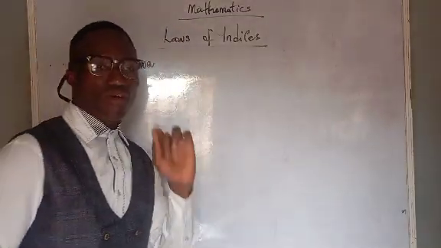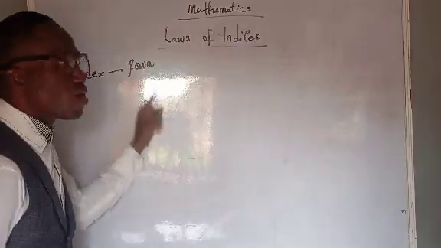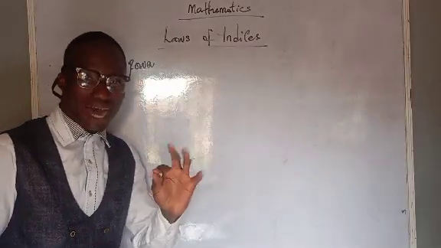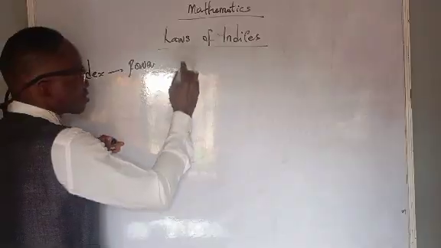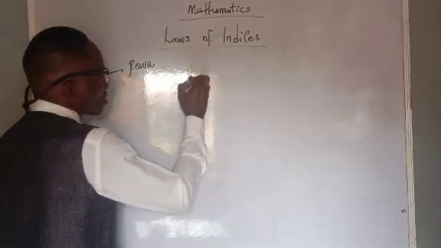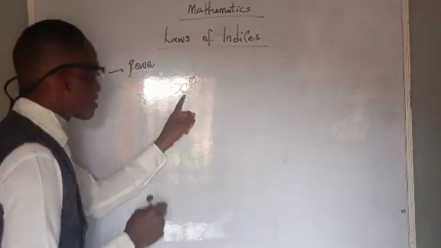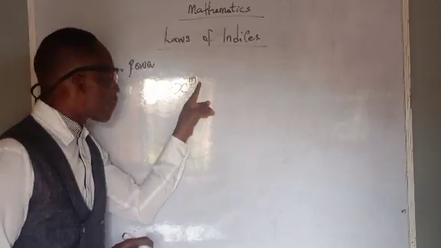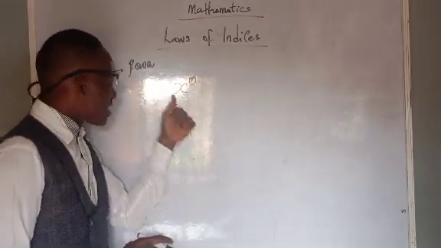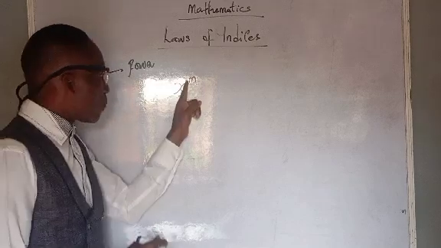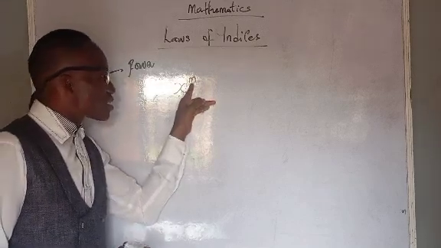And mind you, we'll be dealing with numbers that carry powers. For example, I have something like this, x raised to the power of n. This x here is the base, and the power of this x is this n. X is the base, and the power of this x is n.